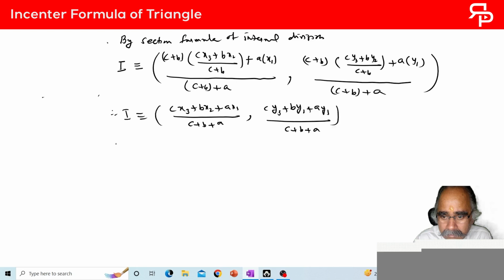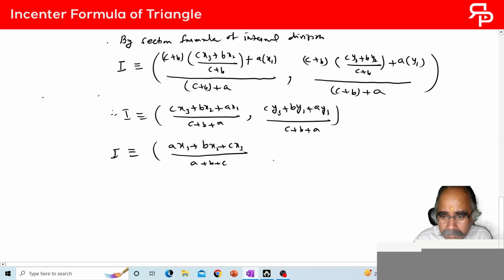Now rearrange it. So I corresponds to (ax1 plus bx2 plus cx3) divided by (a plus b plus c), comma, (ay1 plus by2 plus cy3) upon (a plus b plus c).